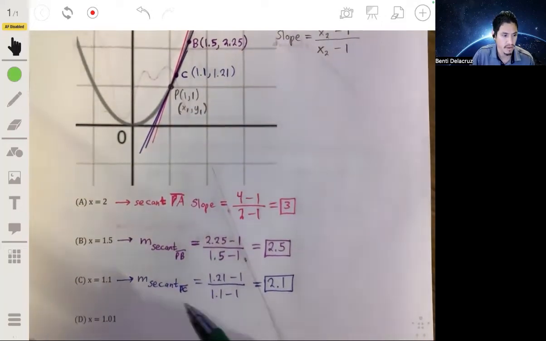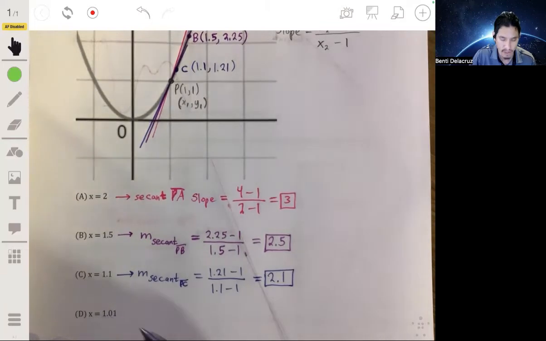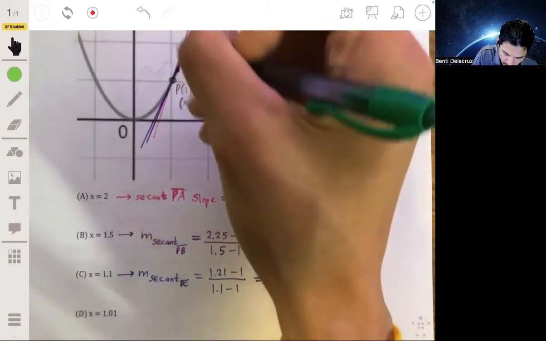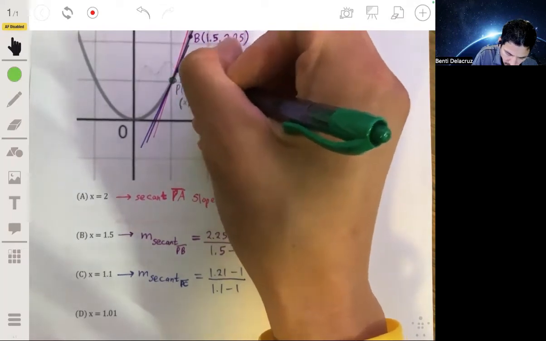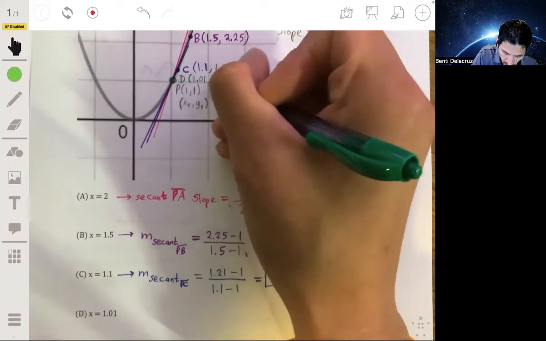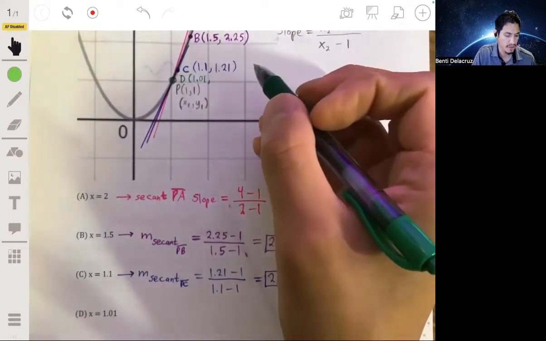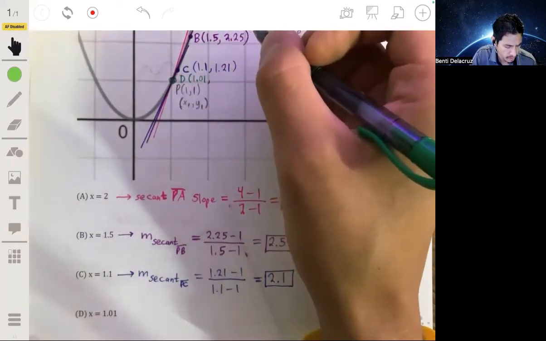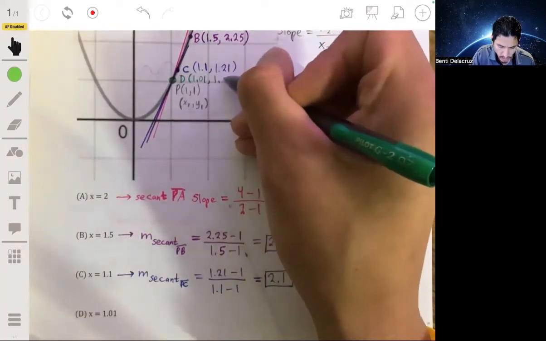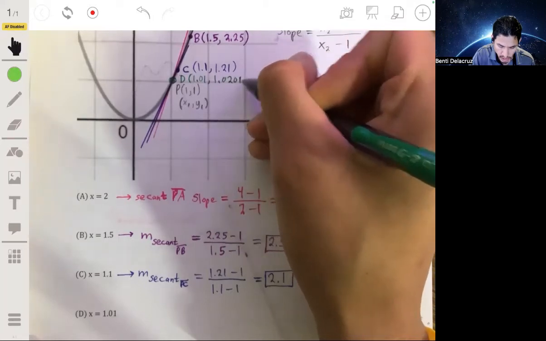Let's go through two more. Getting closer to 1, so 1.01. So basically, you can't really even see where it is. We'll say that's point D right there. I mean 1.01 and 1.01 squared, which will be 1.0201.